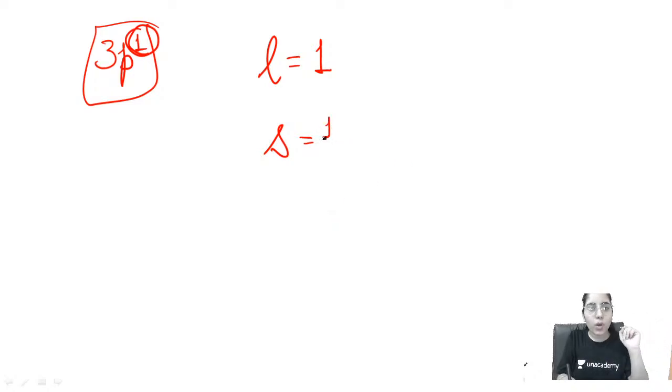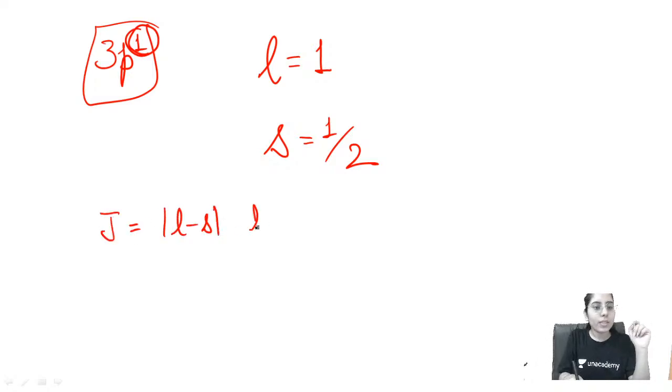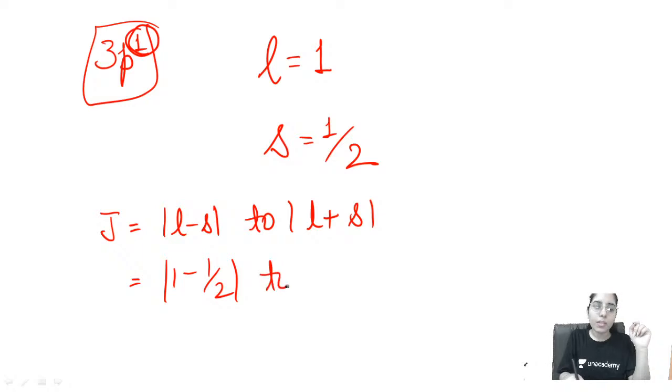Spin for one electron will be half. So what will be the value of J? That will be L minus S to L plus S, which means 1 minus half to 1 plus half. So you get half and 3 by 2.